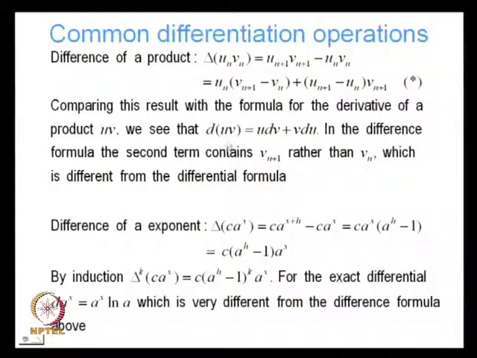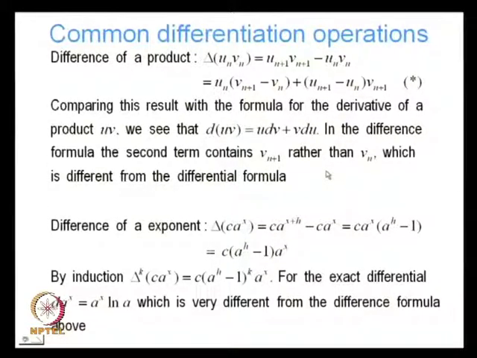You have d(uv) equal to u dv, so this term is similar. Then you have Un plus 1 minus Un, which you can think of as analogous to du, but then here it should have been Vn, and it is actually Vn plus 1. That is the difference. So, in the difference formula, the second term contains Vn plus 1 rather than Vn, which is different from the differential formula.